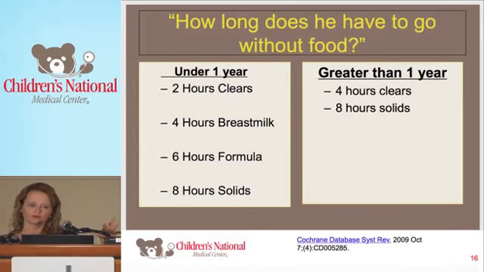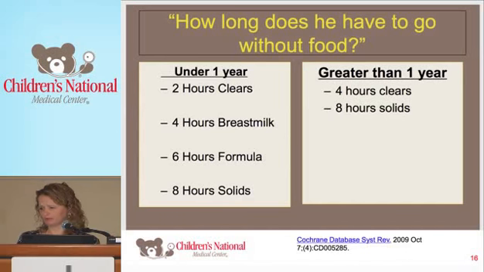We have a more liberal policy in the under 1-year-olds than the greater than 1-year-olds because the greater than 1-year-olds can go a little bit longer, and we do like to have a little bit of flexibility when they arrive at the hospital if, in the unusual circumstance, our room is going early. I hate to have a patient sit waiting because they ate exactly at 4 hours, they had their clears exactly 2 hours ago, and it's 1.5 hours, so I can't really take them back.